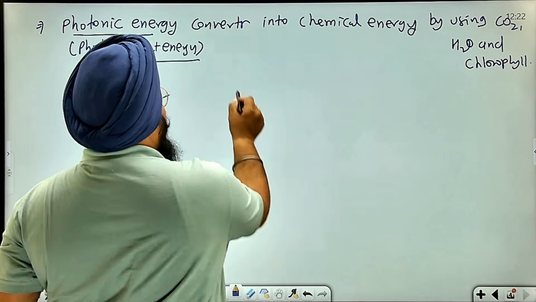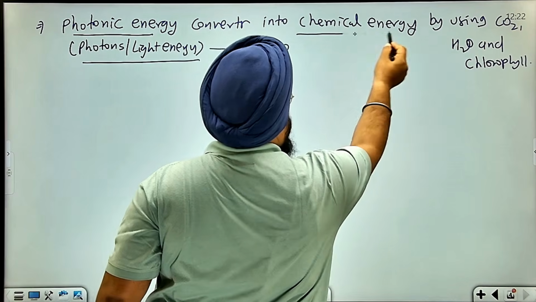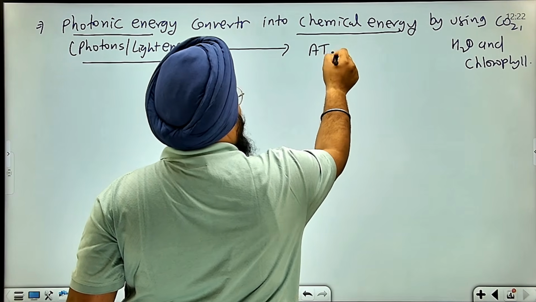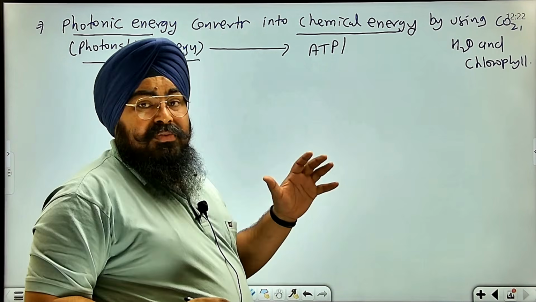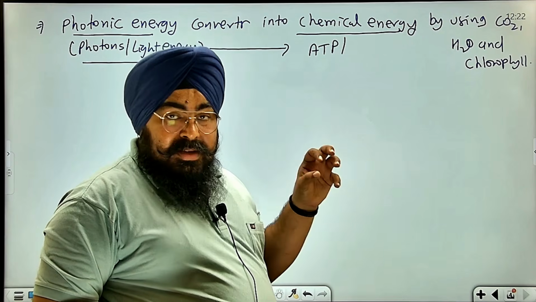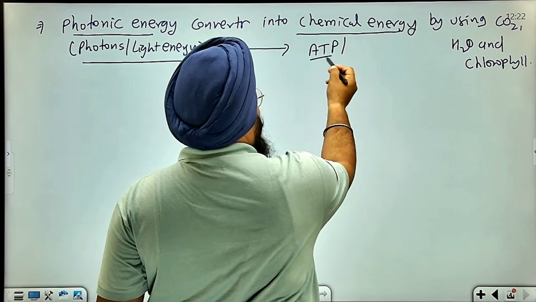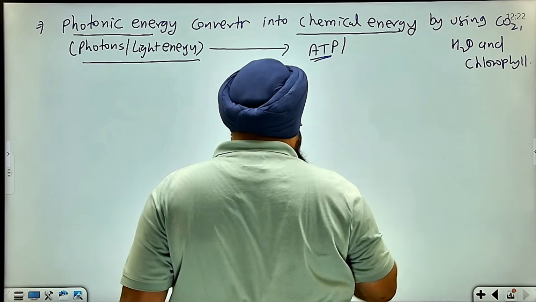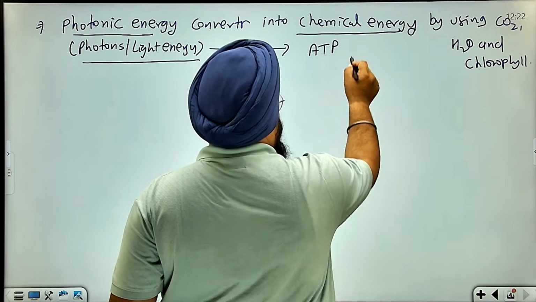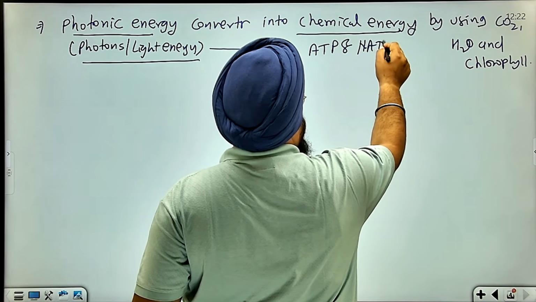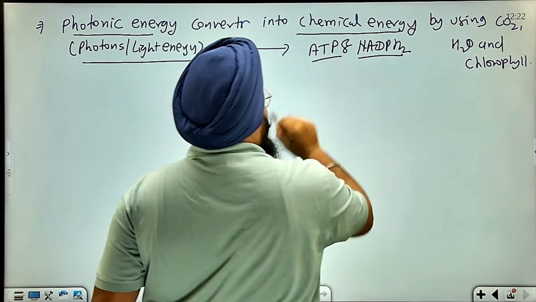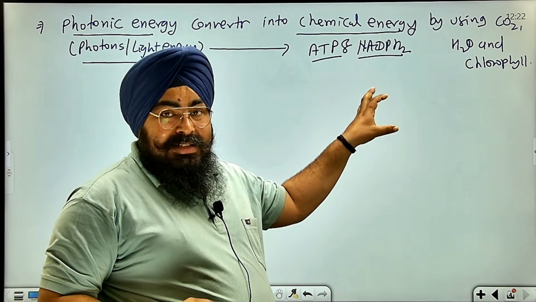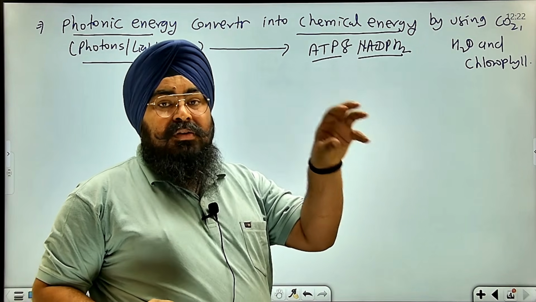Light energy converts into chemical energy. What is chemical energy? When we discuss the photosynthesis process in detail, we also learn about ATP and NADPH2. Both are energy forms used for the formation of glucose.